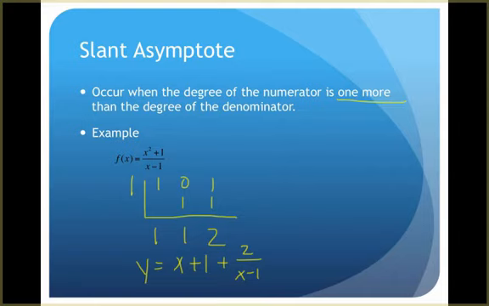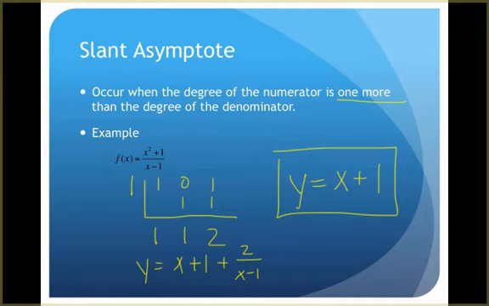But when we talk about slant asymptotes, we don't worry about the remainder. So in this case, we only use x plus 1. So here is the equation of my slant asymptote.